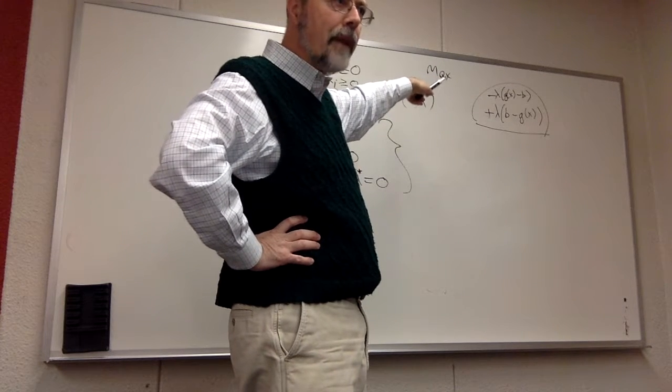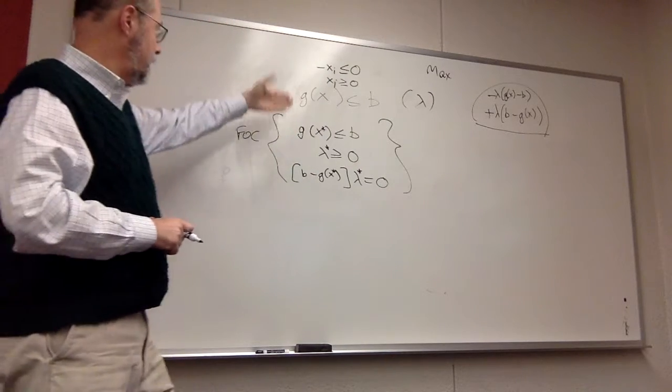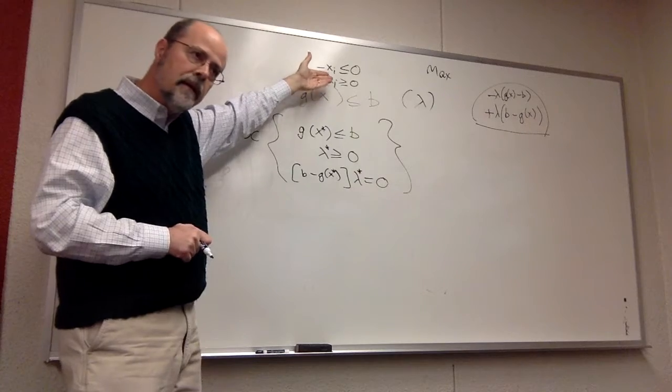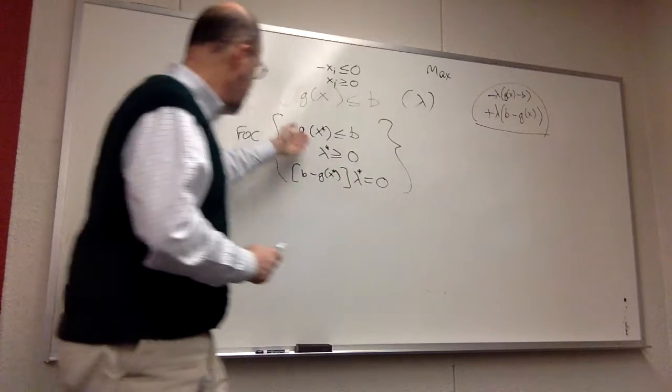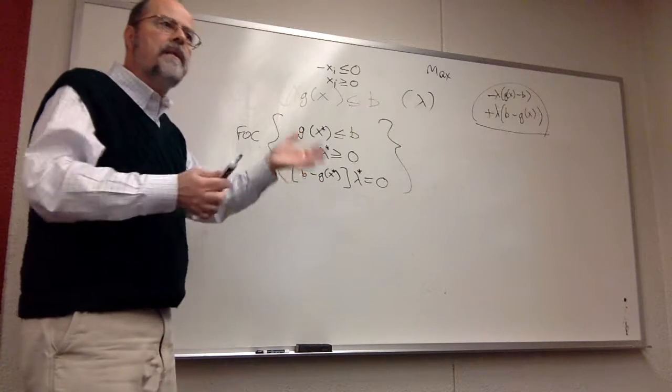So if you understood this, then think of the non-negativity constraint as armed with its own multiplier, and then your complementary slackness conditions come from it like any other. And they mean the same thing.